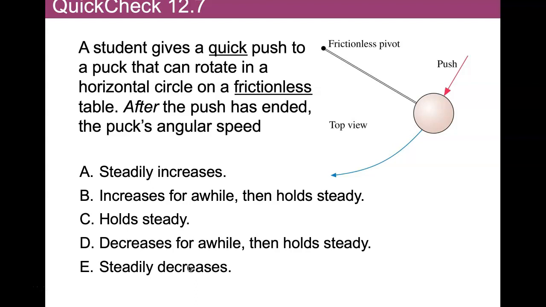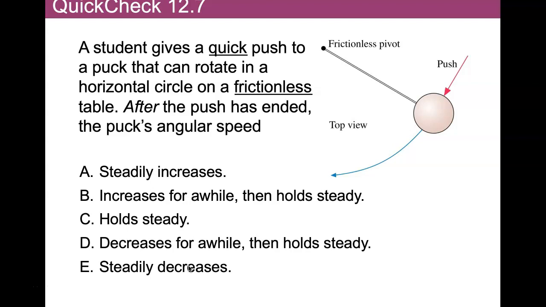Okay, so what is the question asking? There's a puck that rotates in a horizontal circle on a frictionless table. We're looking at it from above, and someone gives it a quick push, and then it's moving after the push, right? It's connected to a frictionless pivot.